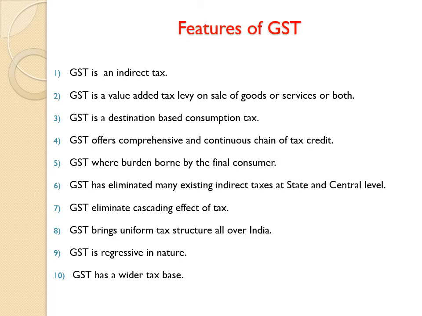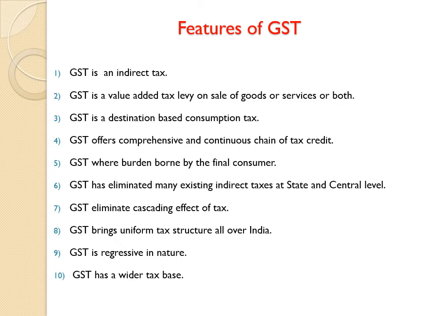GST is a value added tax levied on sale of goods or services or both. GST is levied on goods, on services, or on both. GST is a destination based consumption tax.